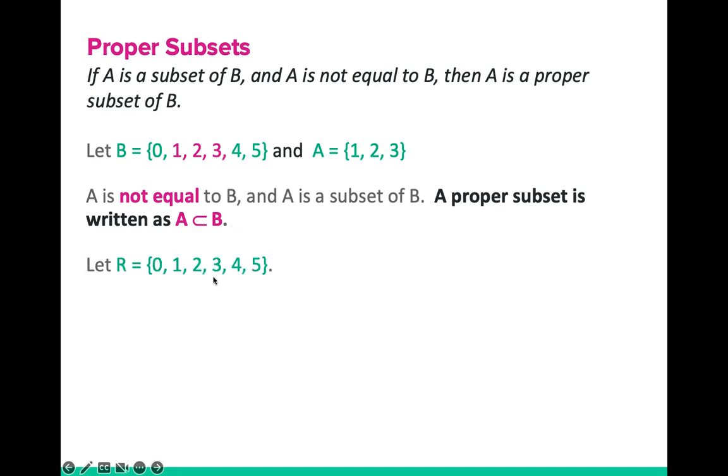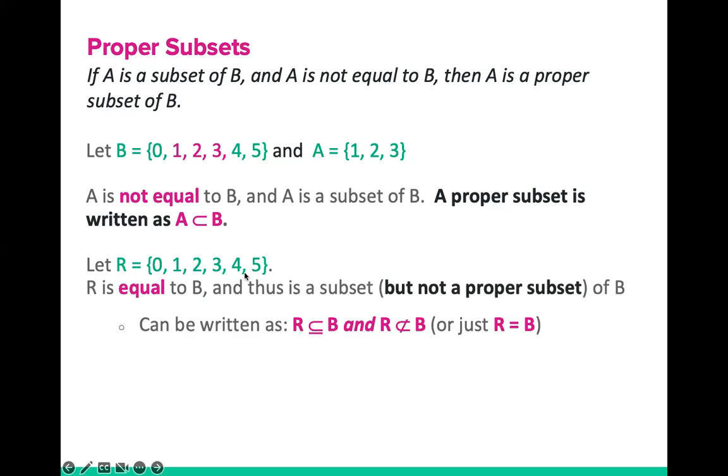Now, suppose we have a set R with elements 0, 1, 2, 3, 4, and 5. That is essentially equal to B, because they exactly have the same elements. So we can say that R is equal to B, and thus is a subset of B, because any set is a subset of itself.